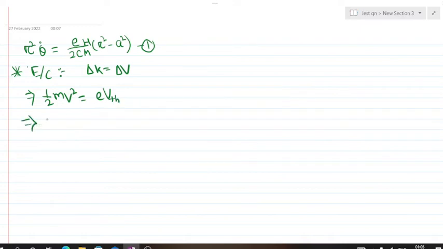But we have to write it in polar form. Half m times r dot square plus r square theta dot square is equal to e V threshold. Here r dot will be 0 as it will reach at b and the radius is constant.